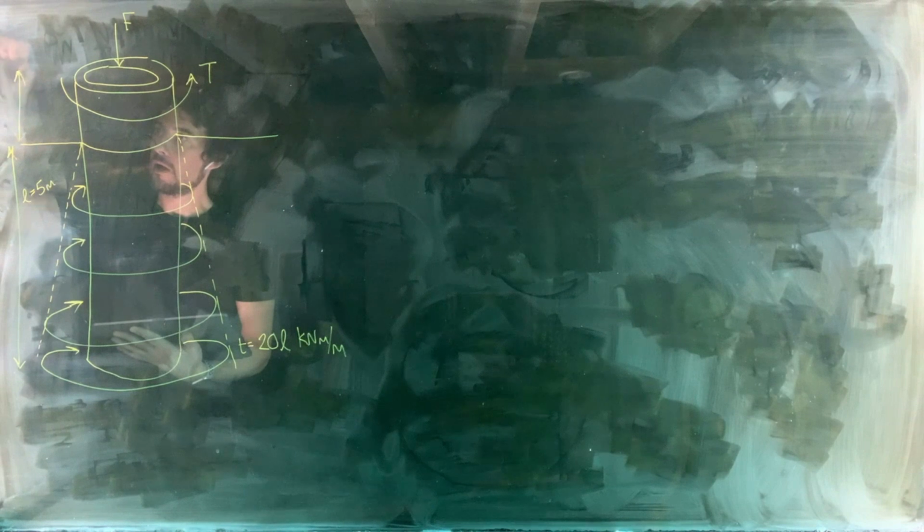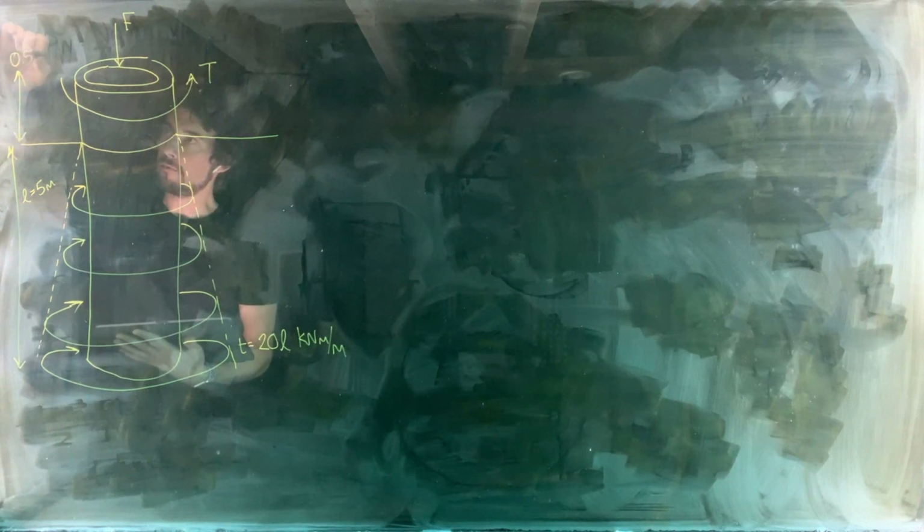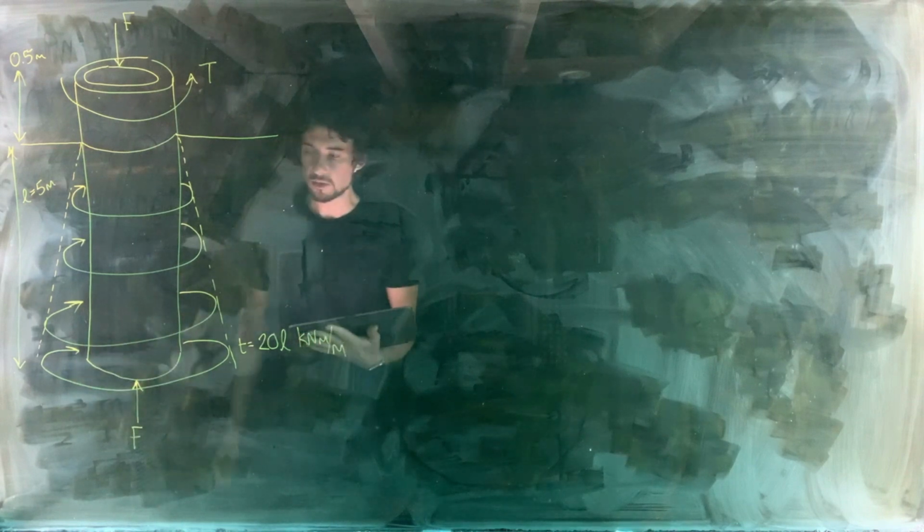And then we've got half a meter of pipe above the ground too, 0.5 meters there. Okay, we've got a cross section, and then also balancing the force on the top, we have a force from the substrate of the soil, F, acting upwards.